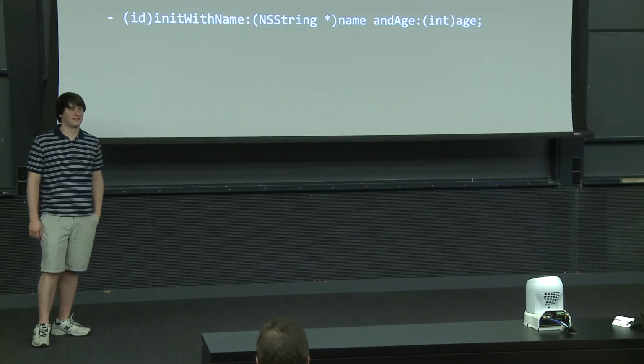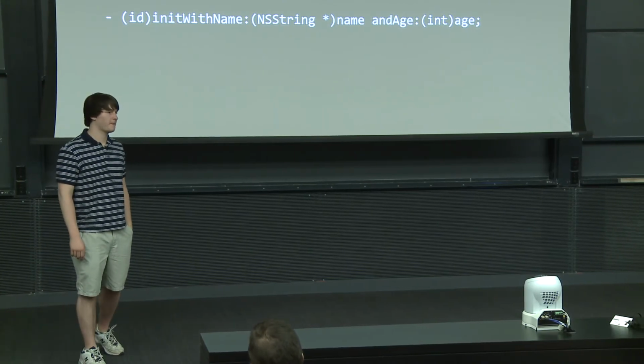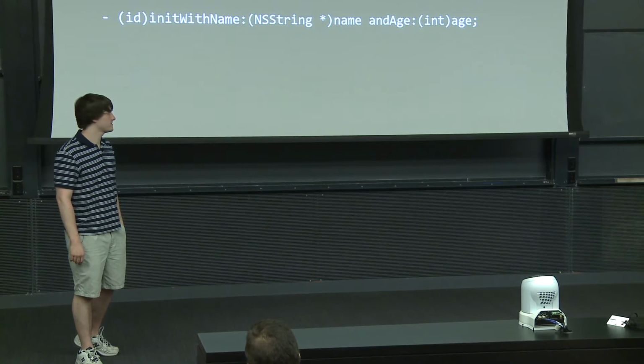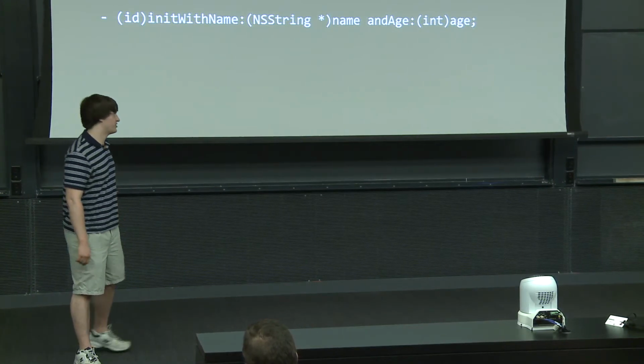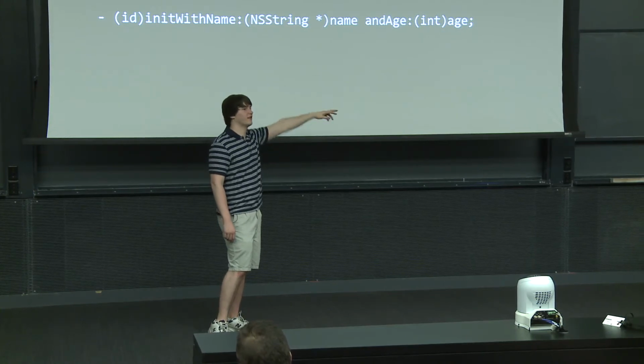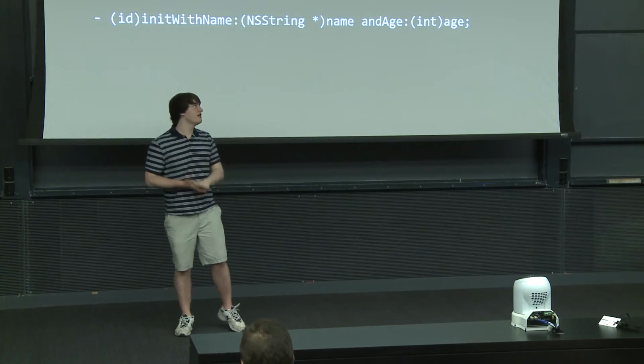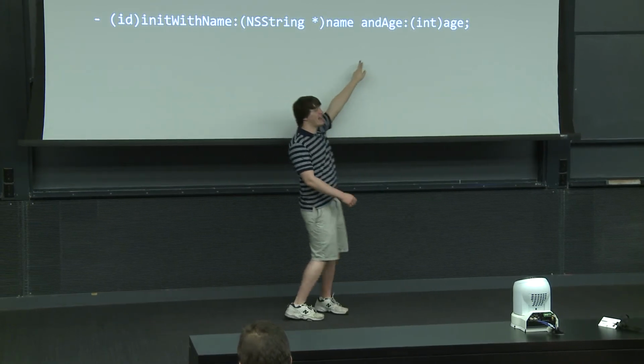Other questions? Yeah, we would just put more, and gender and year and whatever. It's the number of colons that specifies it. In theory, we don't need to say and age.